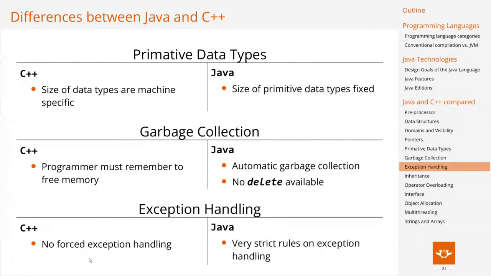Primitive data types. Now with C++, the size of primitive data types depends on the machine you're running on. Now, in this day and age, most systems, most devices that you're working with are 64-bit machines. What does that mean? It means that on the CPU, one register is 64 bits big. With C++, that is important because it means integers are 64 bits.